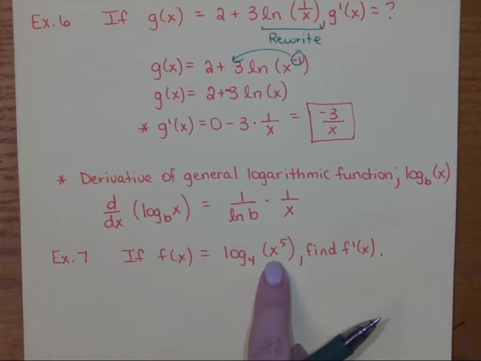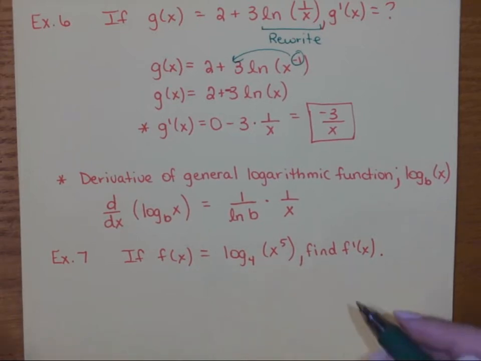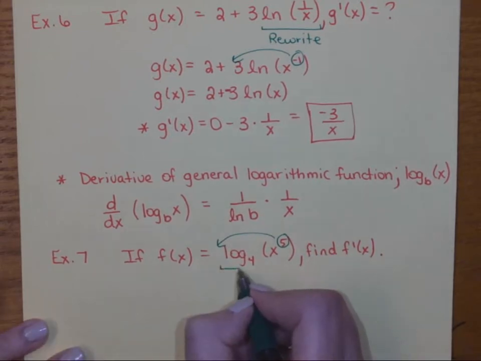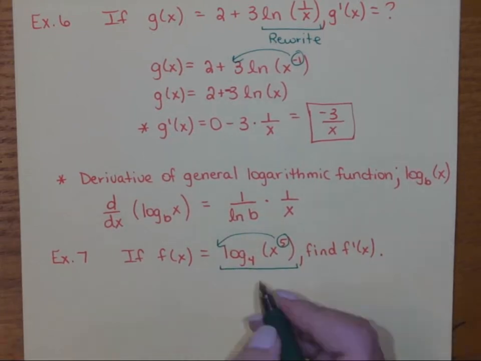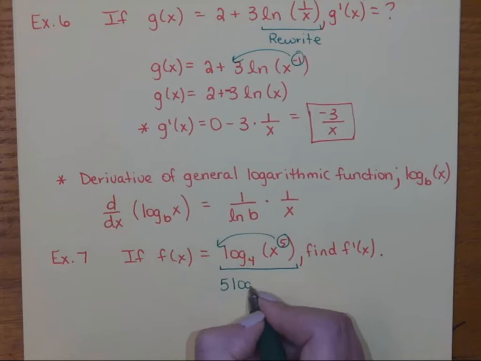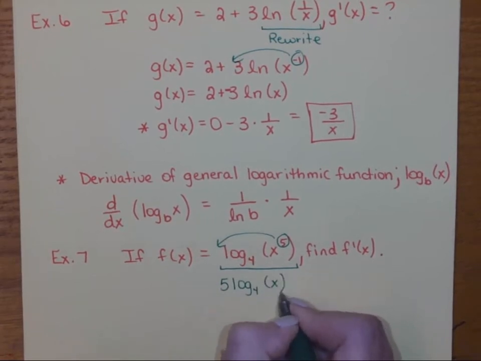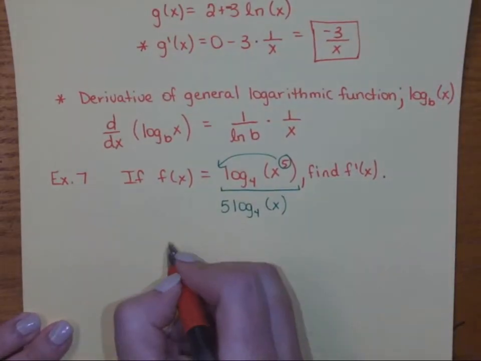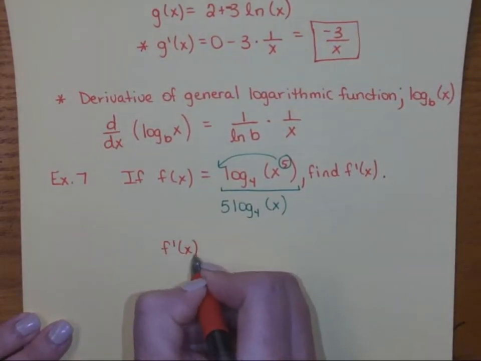I only know how to do things where it's log of x. Okay, so I'm going to need to use the power rule, right? So I'm going to rewrite this guy as 5 and then log base 4 of x. Okay, notice all I'm doing is rewriting the original, not doing the derivative yet. But now I can do the derivative using my rules.